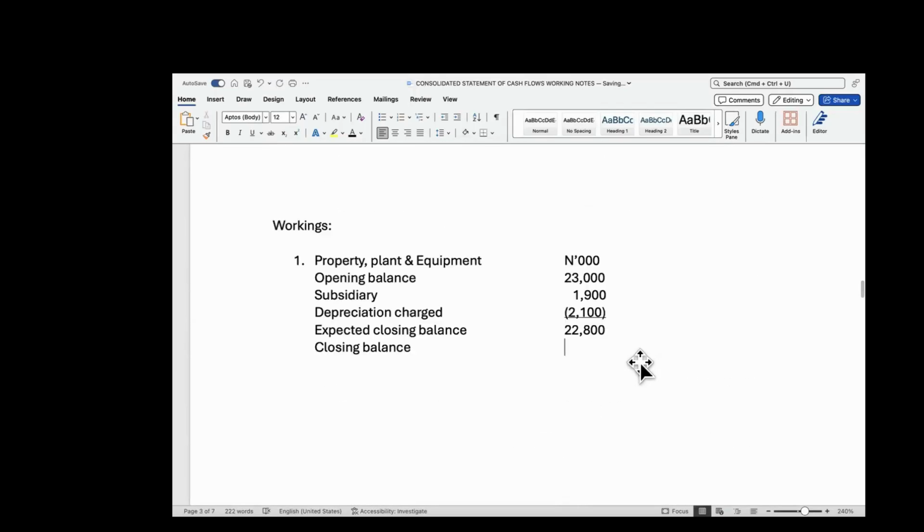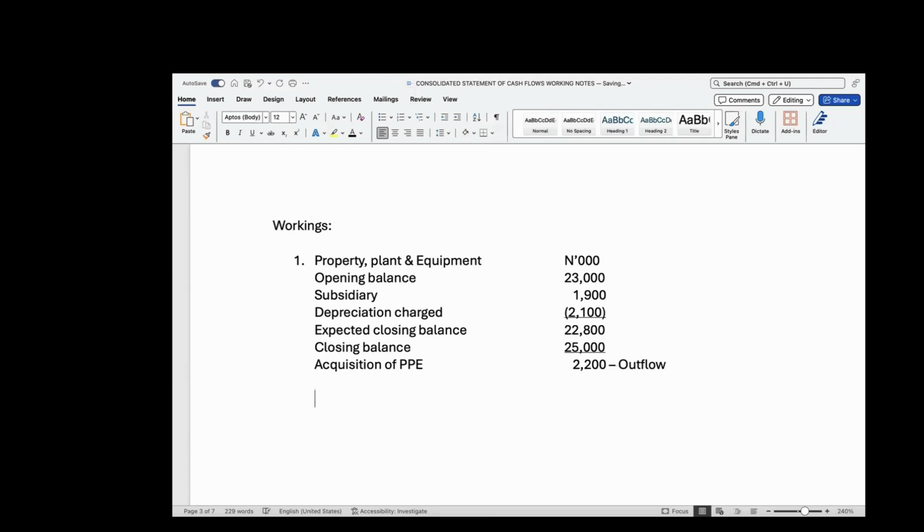And what does this show us? This shows us that there's an increase in PPE representing an acquisition of PPE. And that's how much? 2,200. Will that be an outflow or an inflow? Outflow, because we bought more.